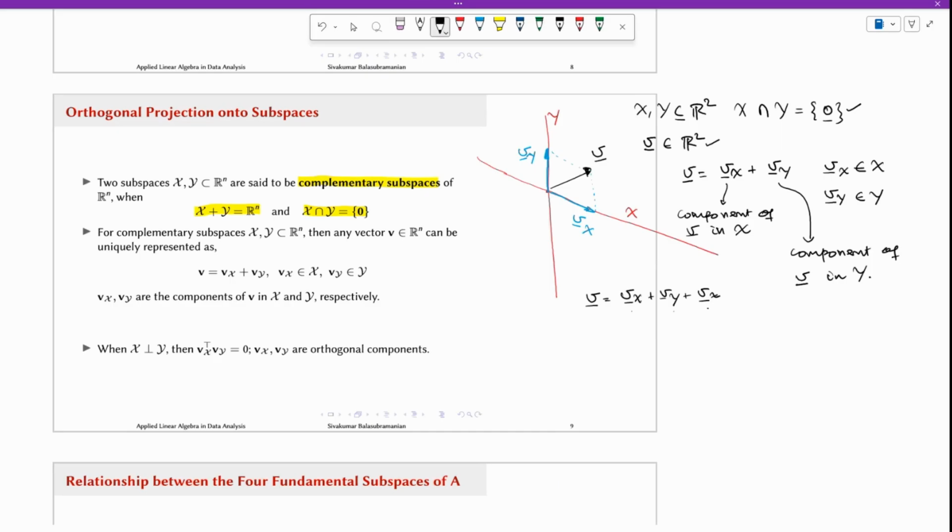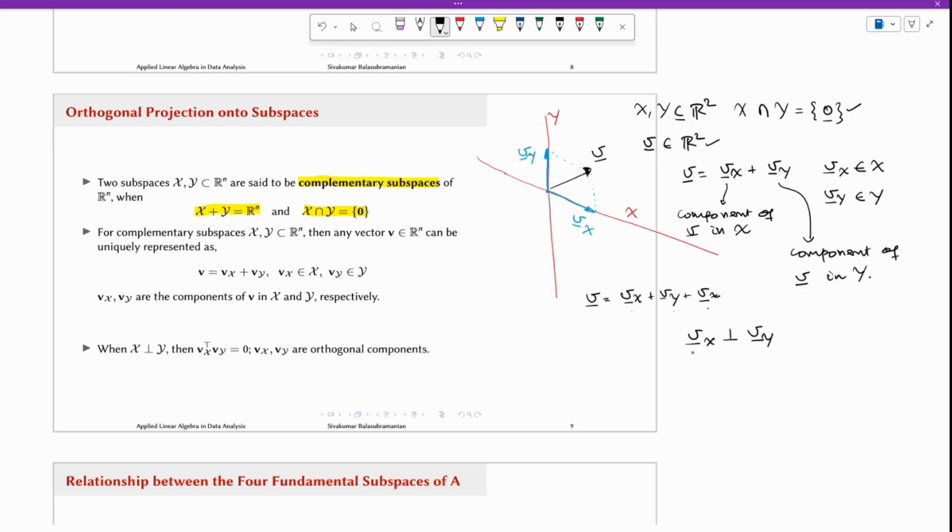Okay? It just turns out that if your subspaces X and Y are orthogonal complements, then of course we know one more thing. We know that Vx will be perpendicular to Vy because the subspaces are perpendicular. When two subspaces are perpendicular to each other, any vector you choose from one of the subspaces will be orthogonal to every vector that you can choose from the other subspace.